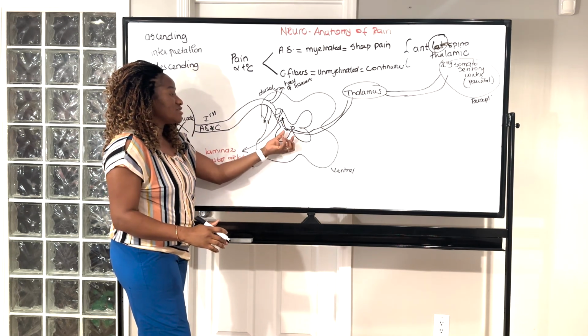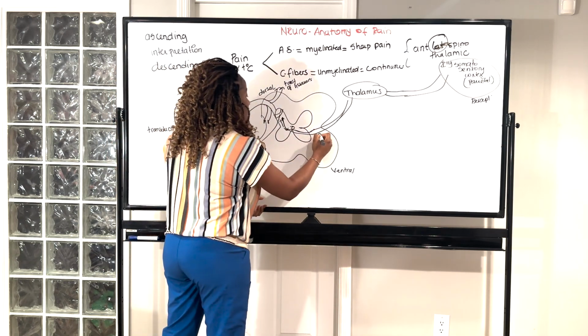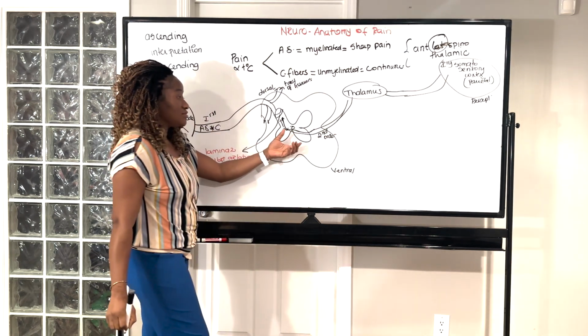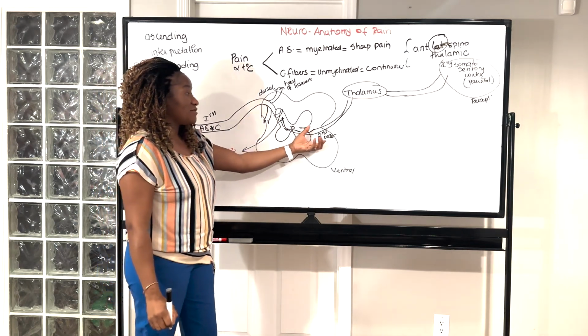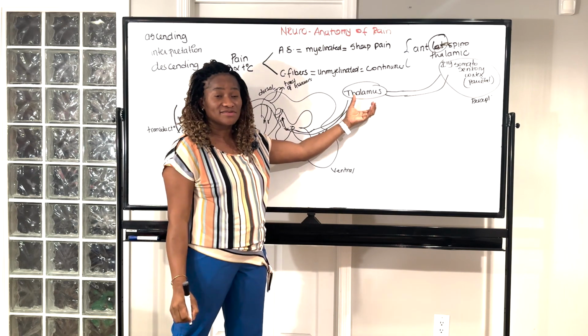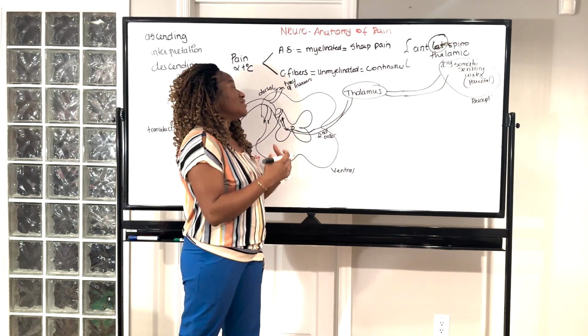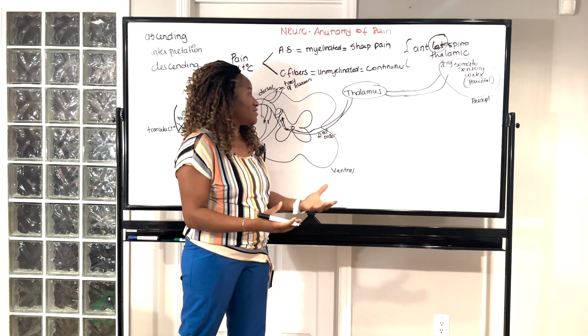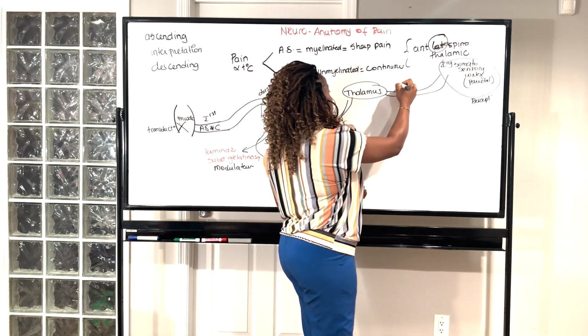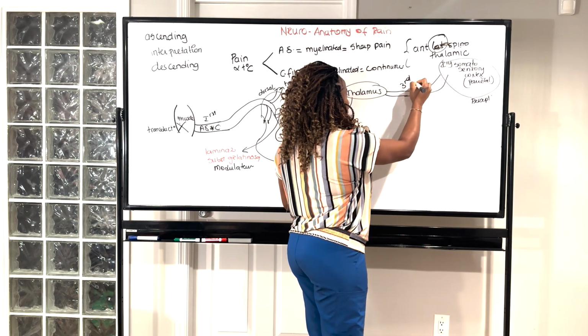We're going to have a second neuron here, which is our second order neuron. This second order neuron is going to decussate the fiber right here in the spinal cord and lead this fiber to the thalamus. Thalamus is our sensory headquarters. Thalamus is going to relay the fibers into the third neuron, third order neuron.